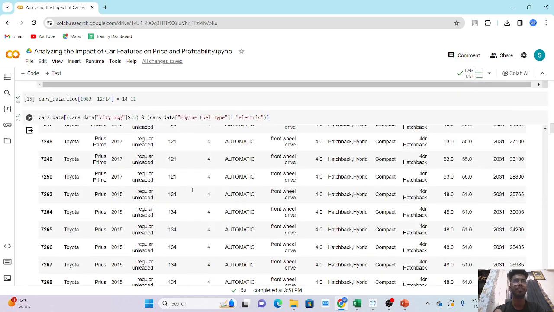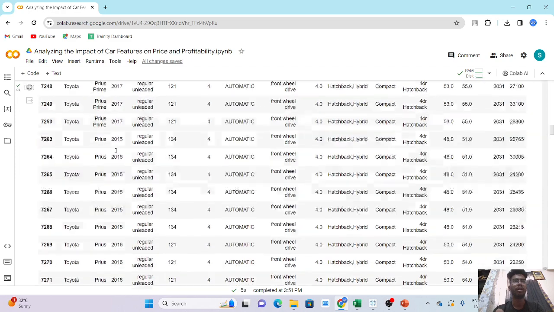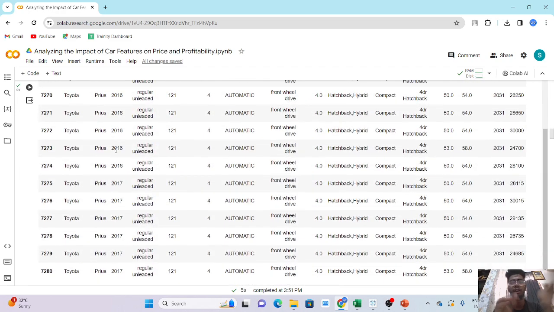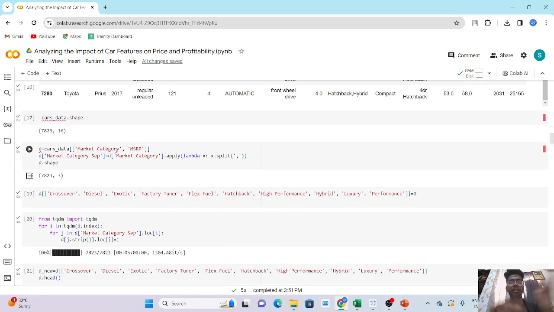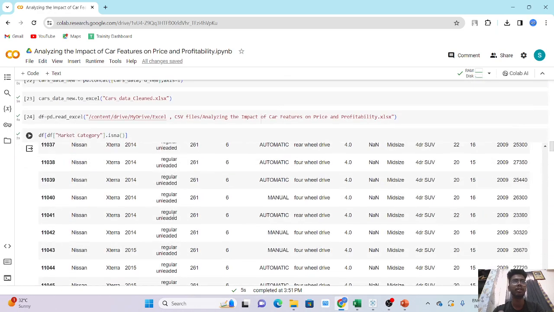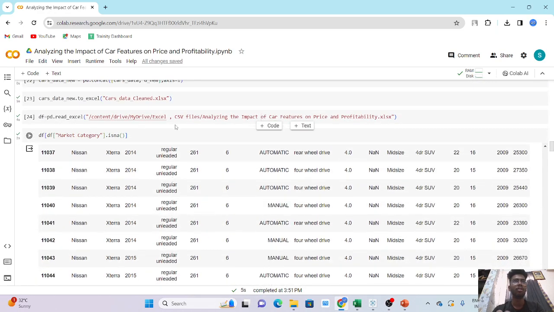Then we can see that some cars have a mileage above 286, but it is not valid. So I searched for that mileage on the internet and imputed the required mileage. Also, this is the market category, which contains many null values.